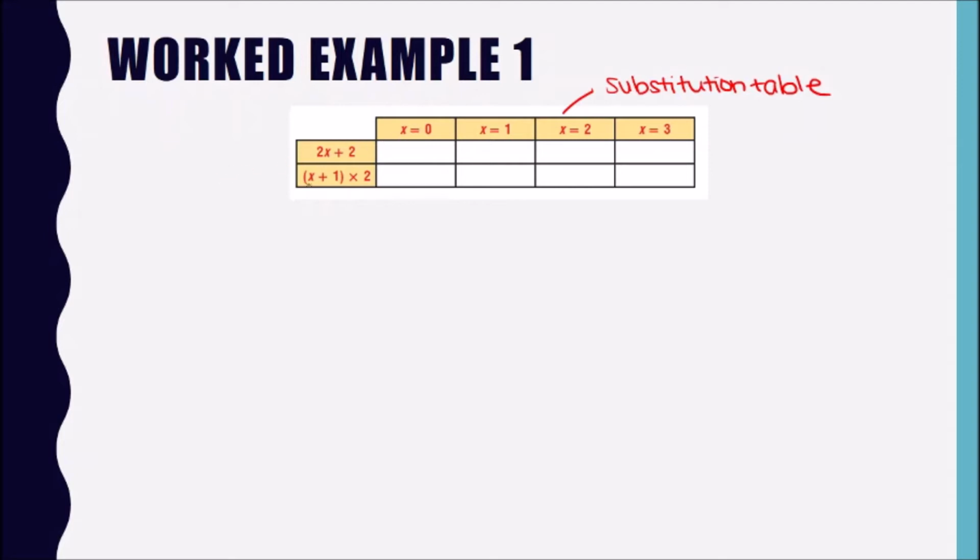When x equals 0 for the first equation, the expression is 2x plus 2, but when I put 0 into it, that's me putting 0 into x. I've put it in brackets just to show you that that's the value I'm putting into x.